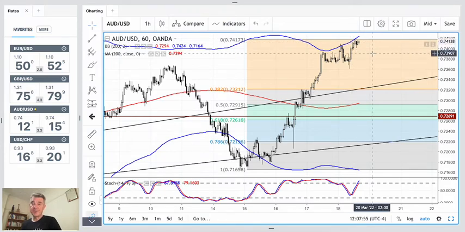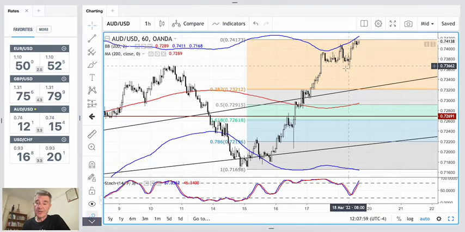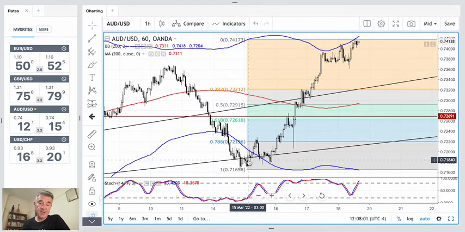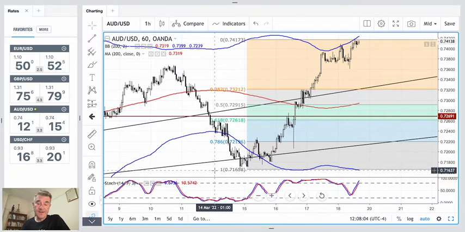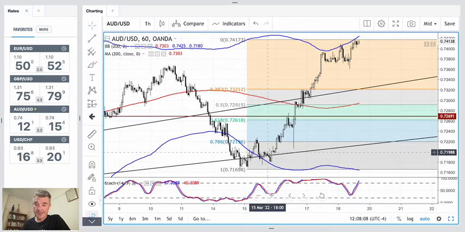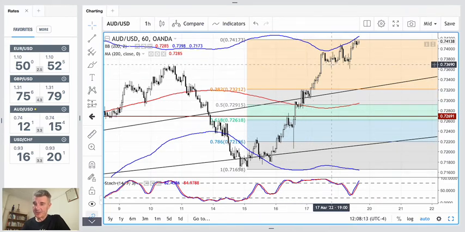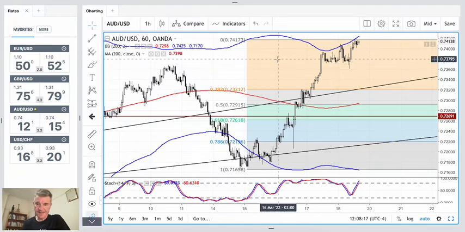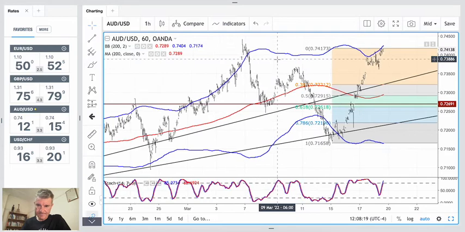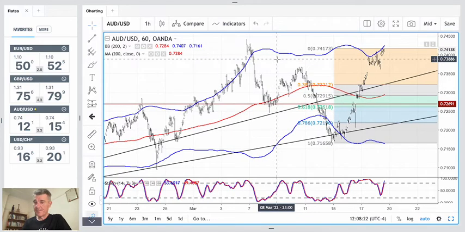We started on the 15th. It's now the 20th of March. So since the 15th of March, we've been rising without any retracement, any pullback, any correction. That's the first thing I see, which makes me think sell rather than buy, because it's moved up too far for too long and it hasn't retraced.